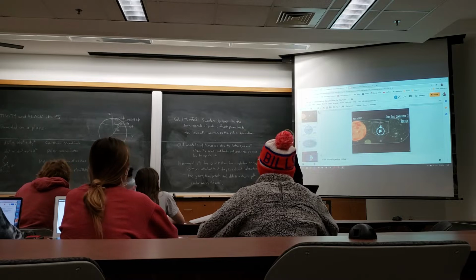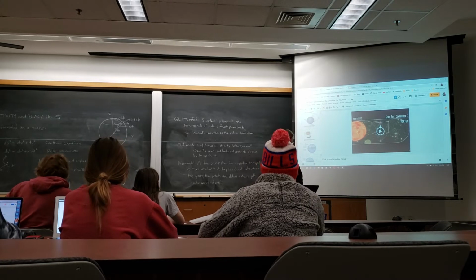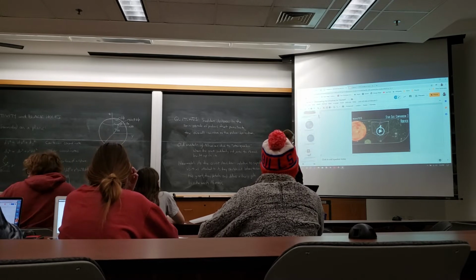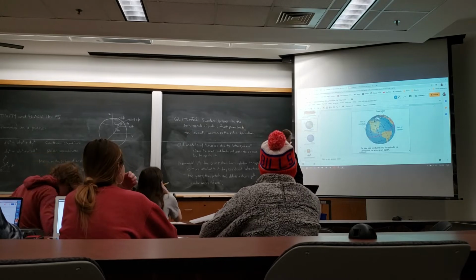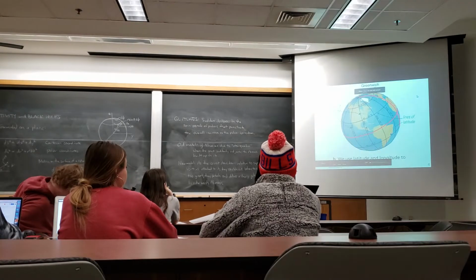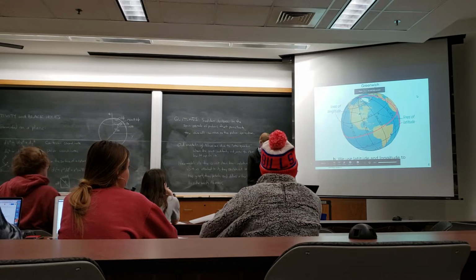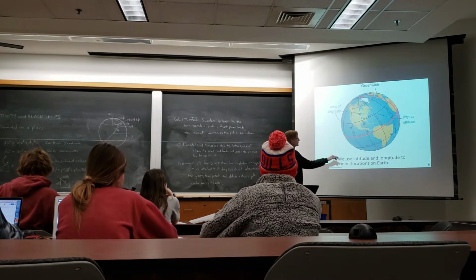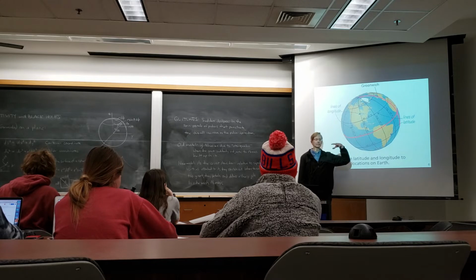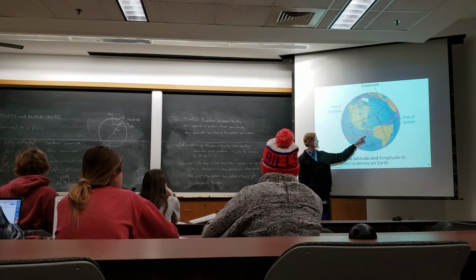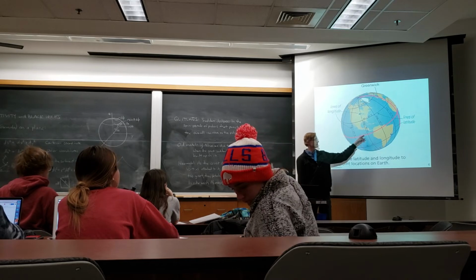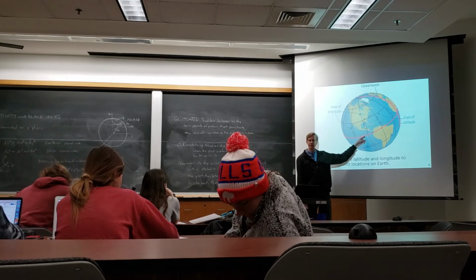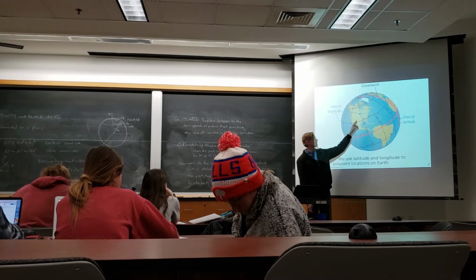There is a way to put latitude and longitude on the sun, but that's not what we're going to do. So on Earth, we specify where points are by specifying two angles, the latitude and the longitude. The latitude is, as seen from the center of Earth, the angle between Earth's equator, which is defined as latitude 0 degrees, and the point in question.